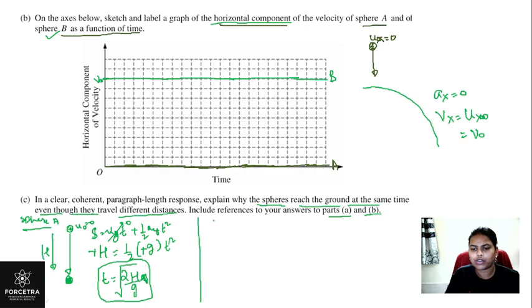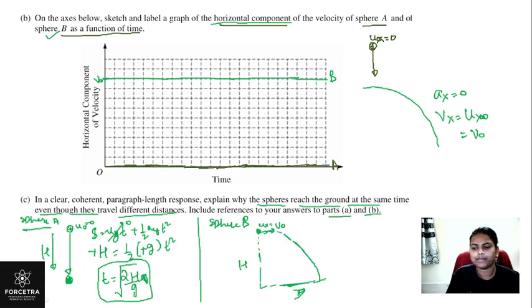Now let's talk about sphere B. In sphere B, it is given the horizontal component v naught. So v naught is ux initially, right? But is it given any vertical component? So this is h, and it also covers the distance d, and this is the motion.